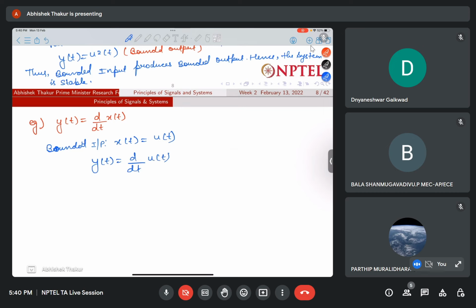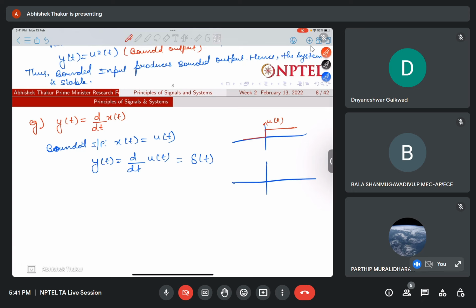We know that the differentiation of the unit step function is the impulse function. This is our unit step function, which I have already taught in the last lecture. If you have any doubt, you can visit there. Now, when you differentiate it, what do you get?